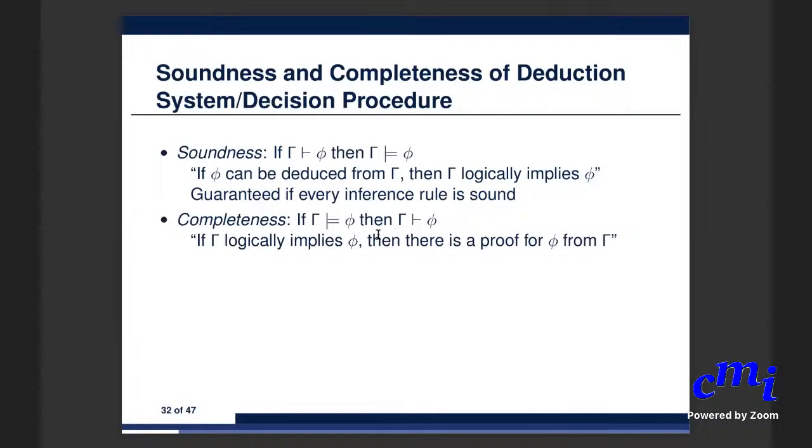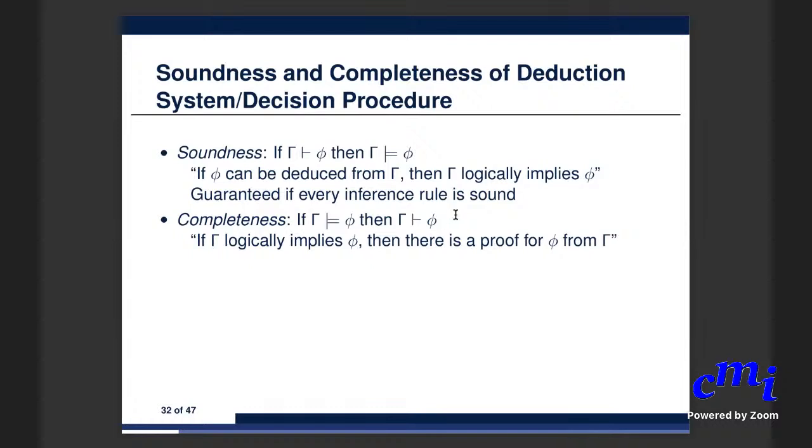It says that whenever phi is logically implied by a set of assumptions, that is, the double turnstile as per the semantic notion, then I can always produce a proof using the inference rules in the system.